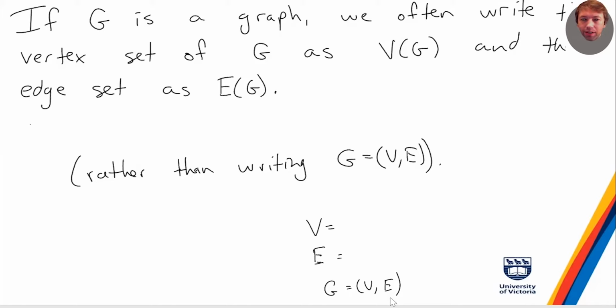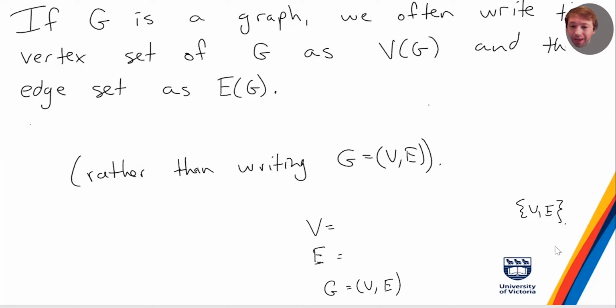I'm not sure if this is clear or not, but if G is a graph, that's a good question. Why do we use brackets to combine V and E as a tuple rather than another set, rather than writing V E like this? I think formally there's no good reason, because there could be confusion. In theory there could be some confusion.